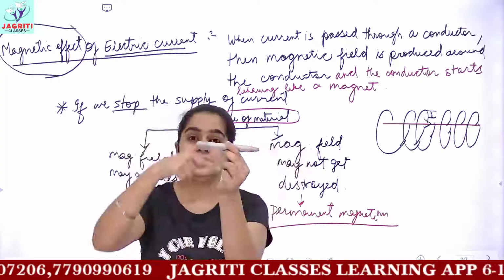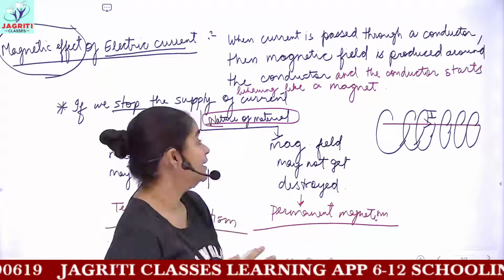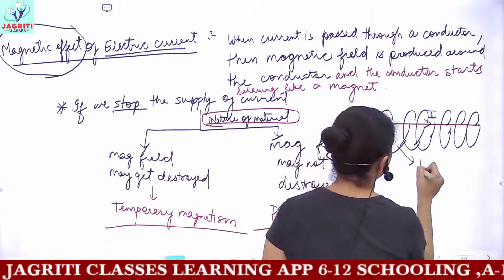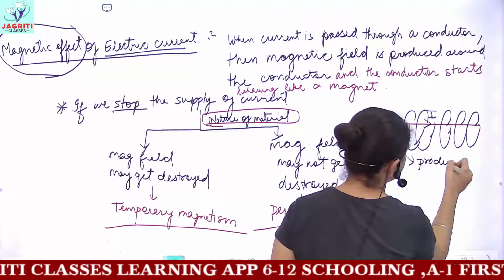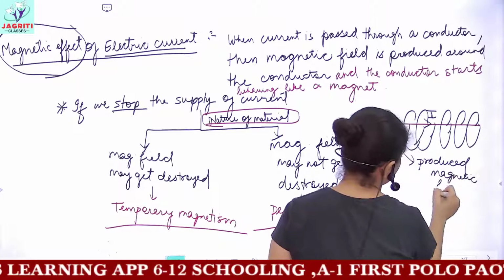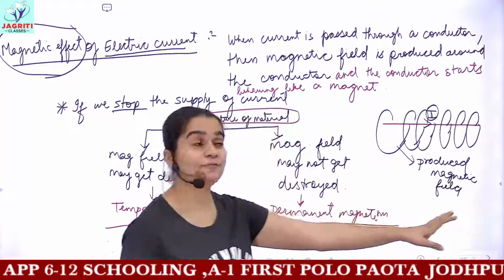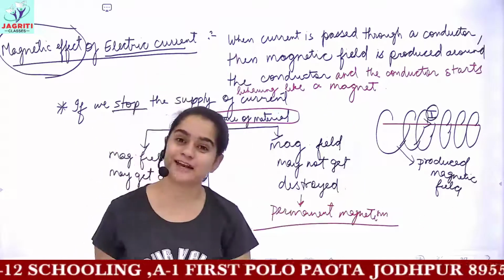Around this, in a circular manner, a magnetic field would be produced. So this is the produced magnetic field when a current I flows through the conductor, and this sort of effect is called the magnetic effect.